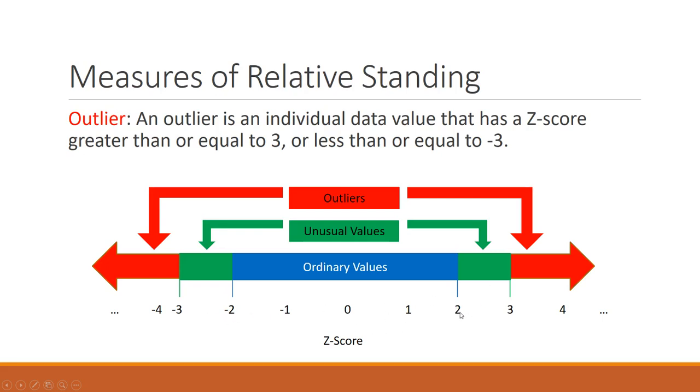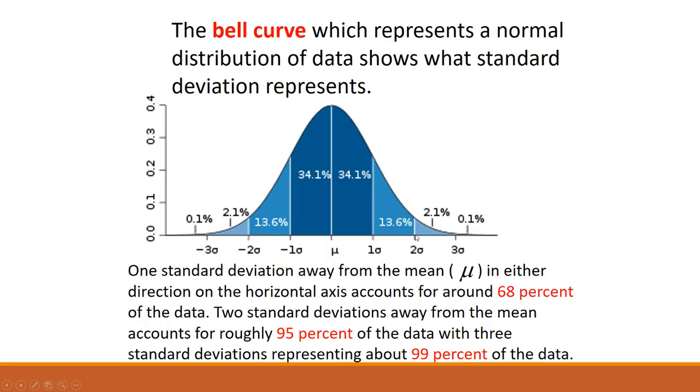But once we get between 2 and 3 standard deviations away from the mean, there's a pretty low probability of finding a value in this range. In this graph, we say 2.1% probability of being between 2 and 3 standard deviations, and a 2.1% chance of being between -2 and -3 standard deviations.